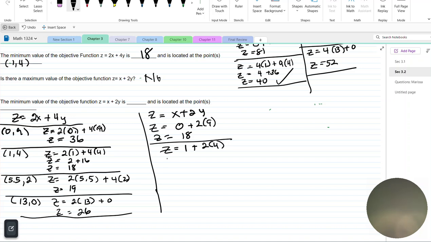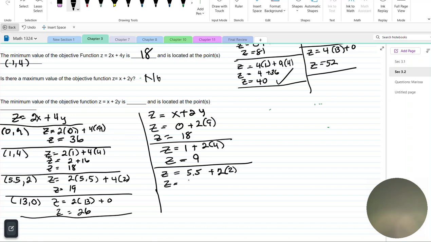Oh, look at that. Z equals 9. That looks promising. Okay, this one is going to be 5.5 plus 2 times 2.